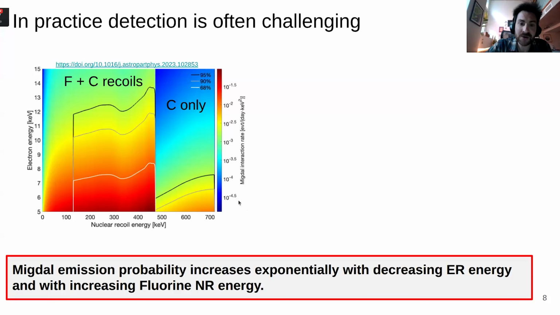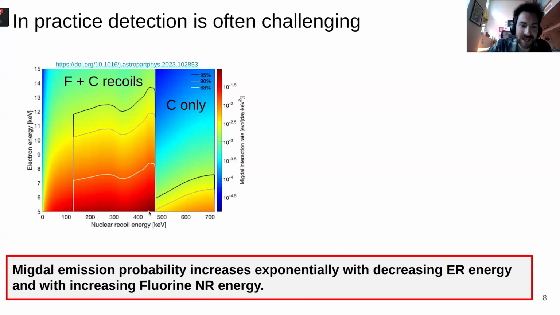And again, notice that the color scale is logarithmic here. So higher probabilities are in red, lower probabilities are in blue. As the energy of the electron emitted via the Migdal effect decreases, the chances of the Migdal effect arising increase exponentially.